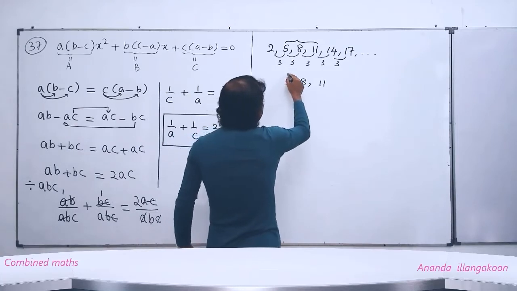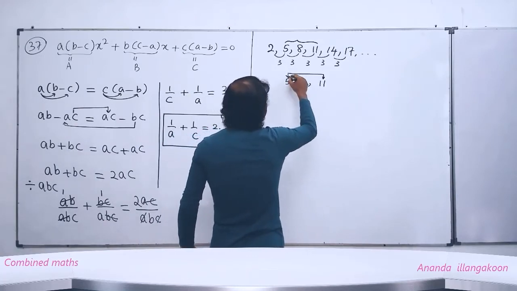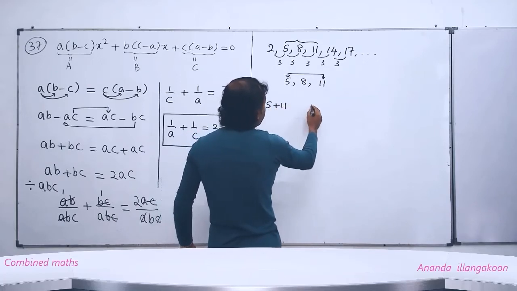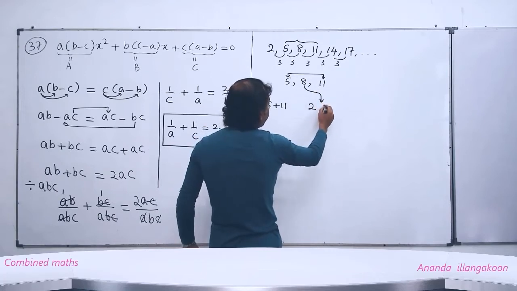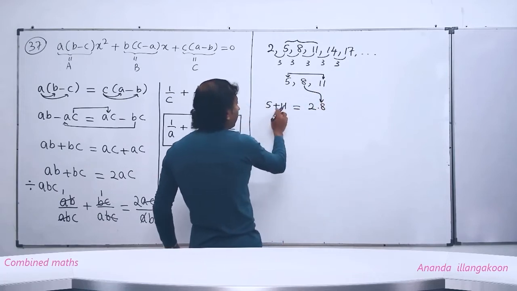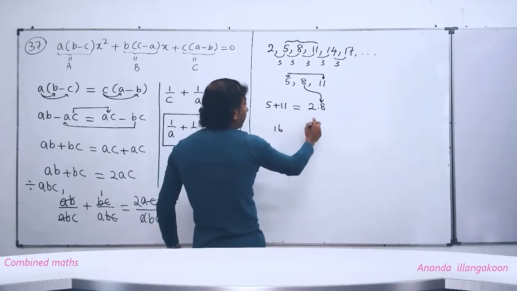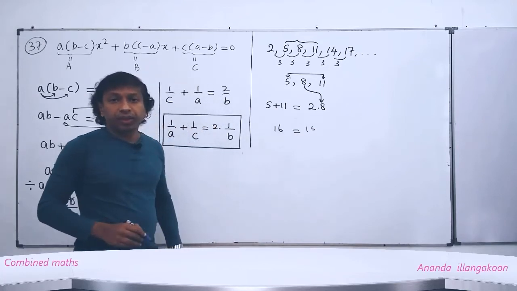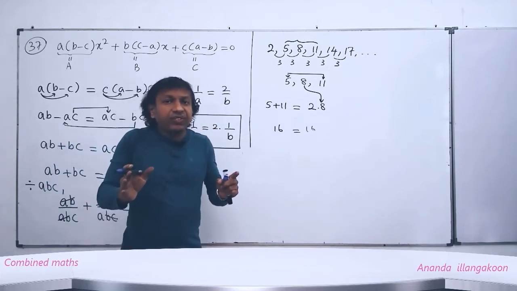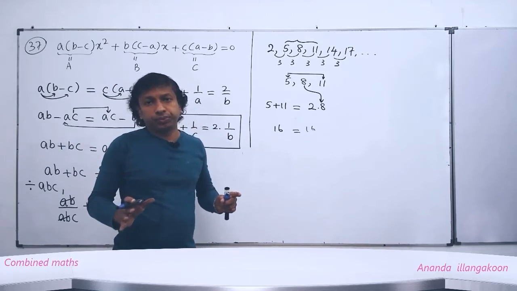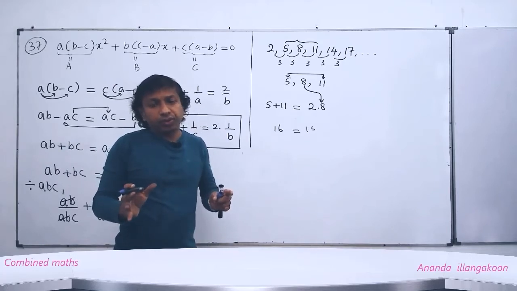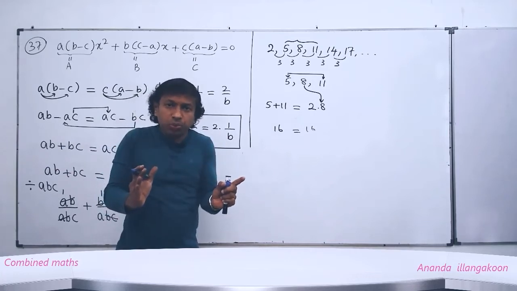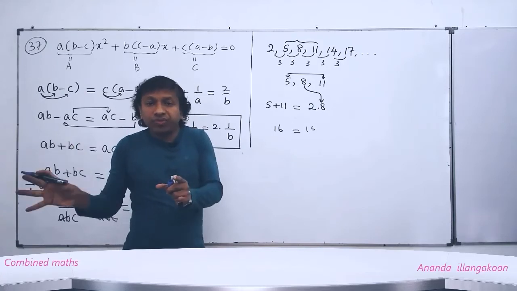The first and third, when you add, that sum is always equal to 2 times the middle. See here, 5 plus 11 is 16. 2 into 8 is also 16. That is the property. When you take any 3 consecutive terms from an arithmetic progression, the middle one multiplied by 2 is equal to the sum of the first one and the third one.